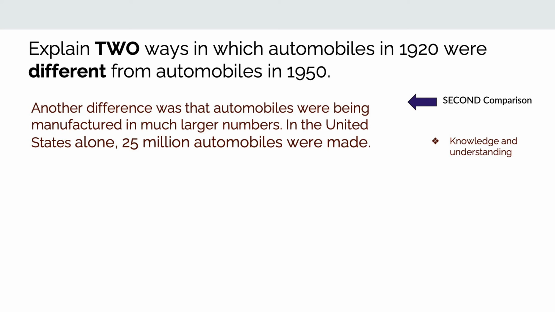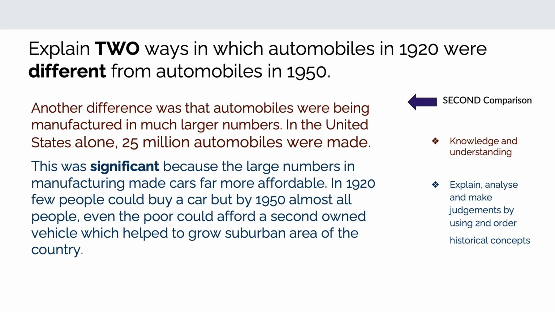And once again, what I'm trying to do is use a second order concept in order to show a greater meaning. This particular time, I used the second order concept significant in order to just mix it up a little bit. Notice, this was significant because the large numbers in manufacturing made cars far more affordable.